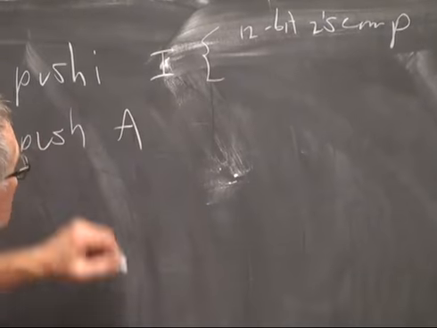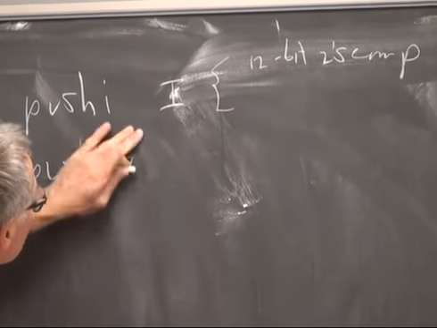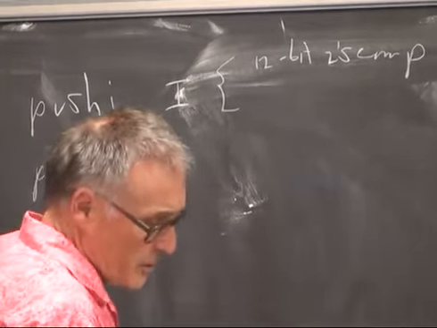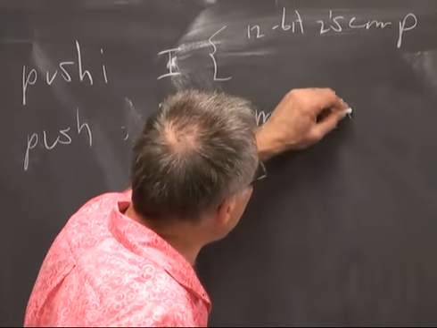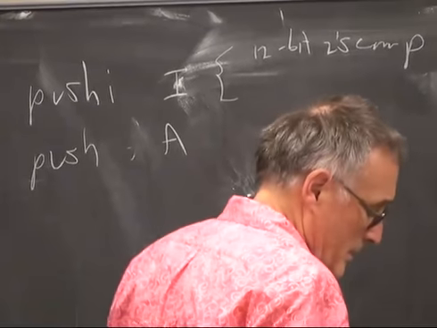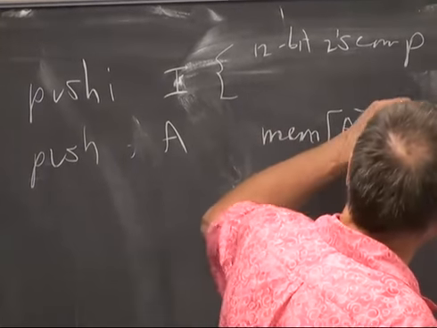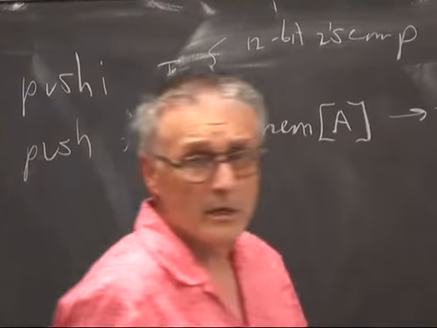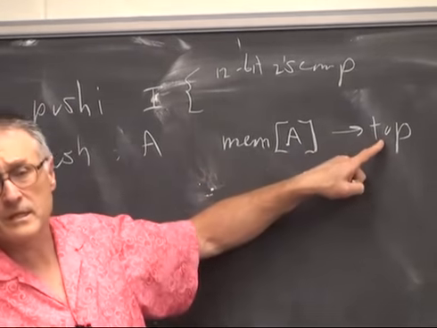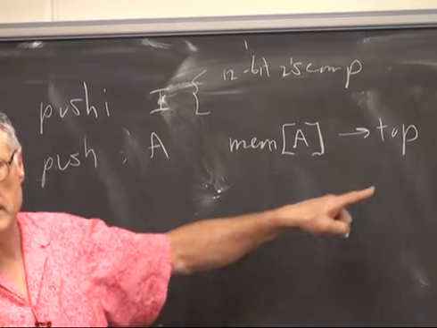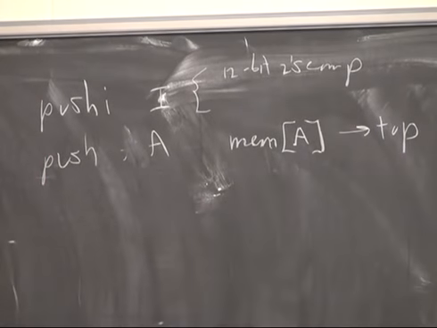You can do a push with some address, push A, which does this operation. Mem of address A gets the value that's on the top of the stack. So you specify the address, and top of stack is copied into that address. So it's actually moved to that address.